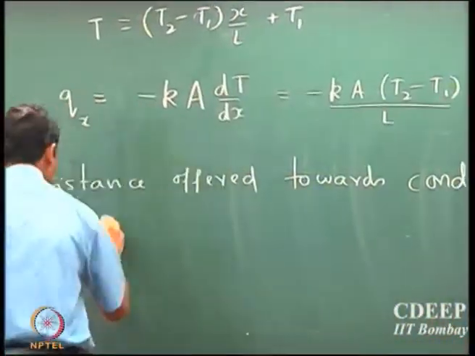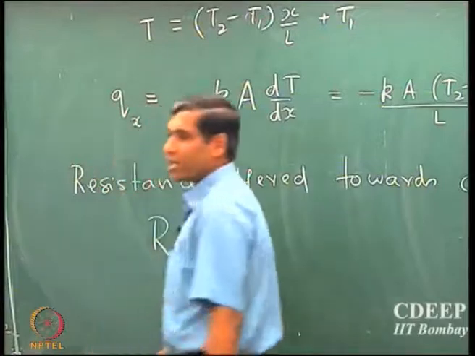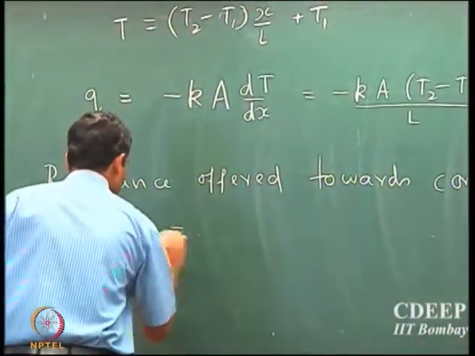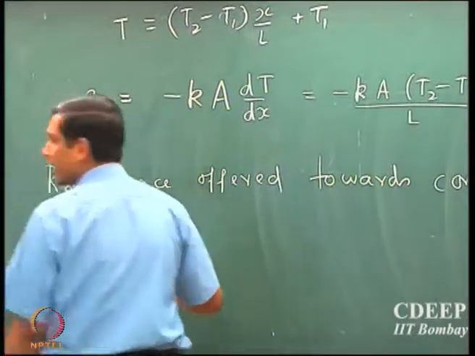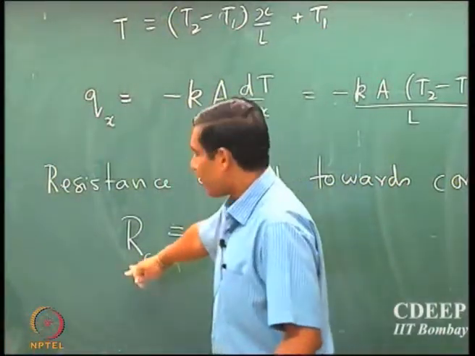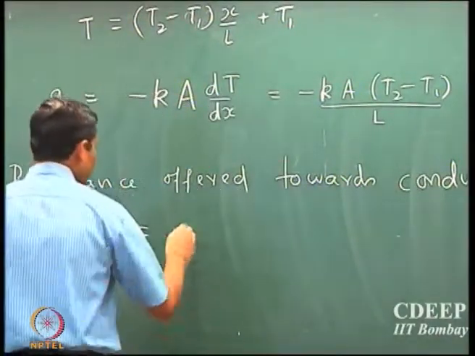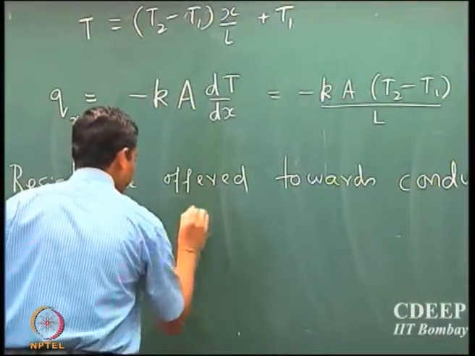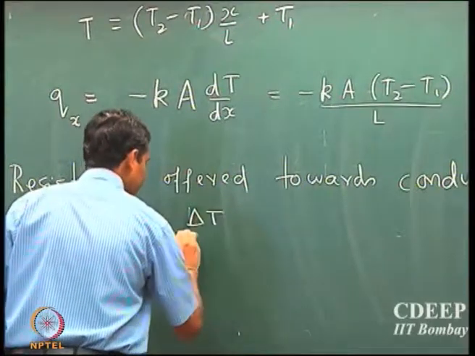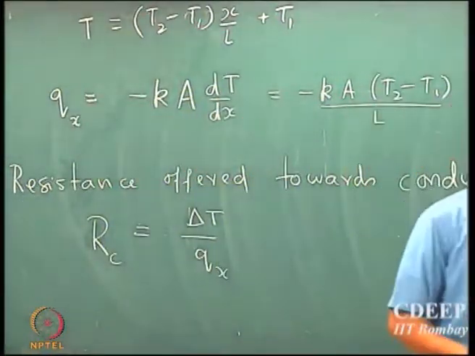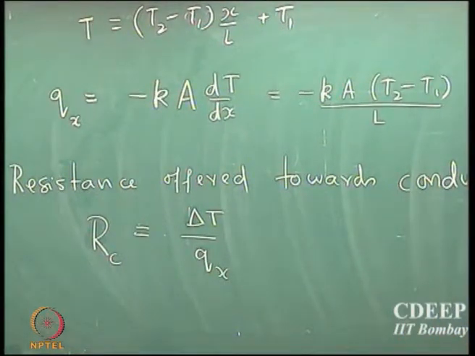The way it is defined is, R is generally the symbol I will use for resistance. R for conduction, sometimes I use a subscript, sometimes I don't, but generally R means the resistance involved. Resistance offered is simply given by delta T divided by the rate at which heat is transported in that direction.